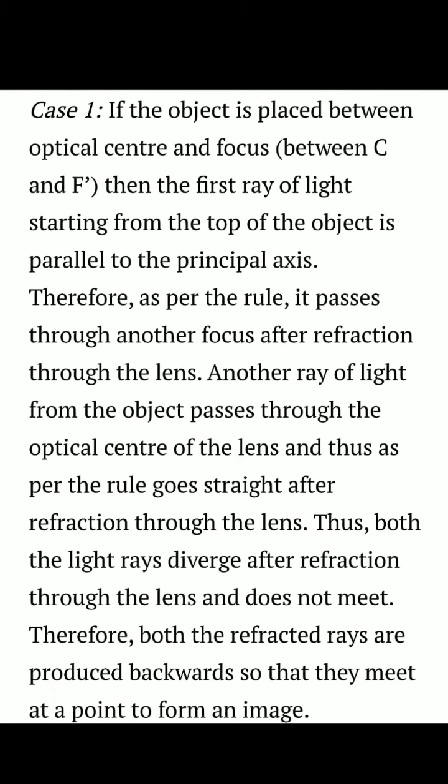In that condition, we get the virtual and erect image. So in this case, when the object is placed between the optical center and the focus, the image will be formed on the same side of the object and it will be virtual, erect and magnified. That means its size is greater than the object.